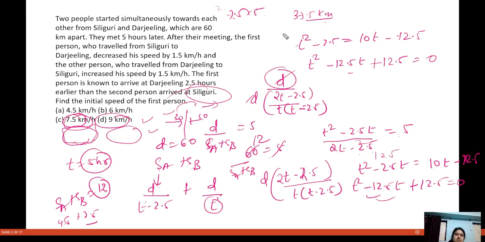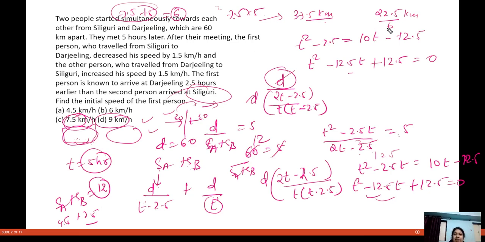When this person's speed is decreased by 1.5, the speed becomes 6. But what is the distance left? 22.5 kilometers of distance is left. You can divide this by 6.